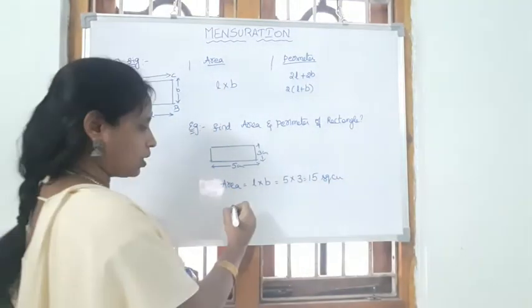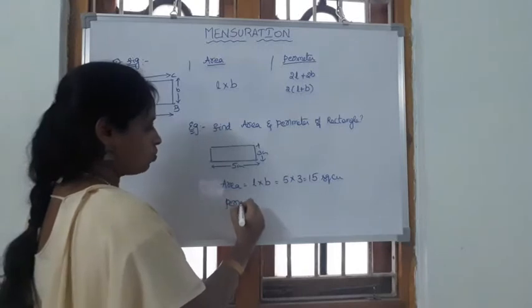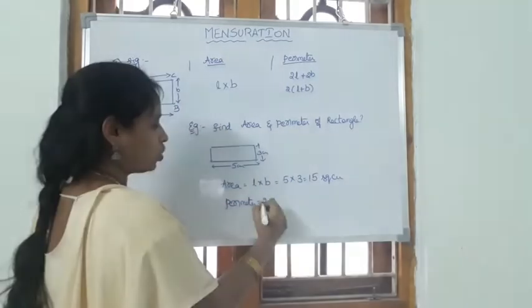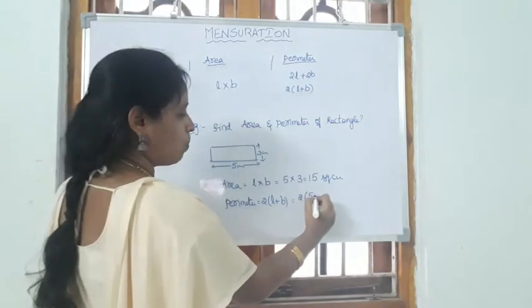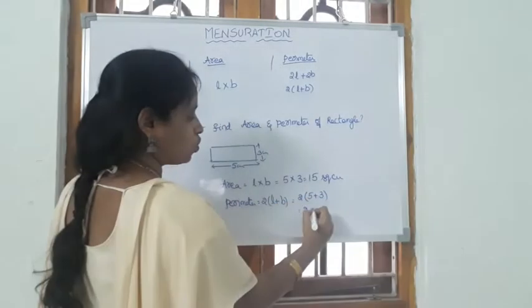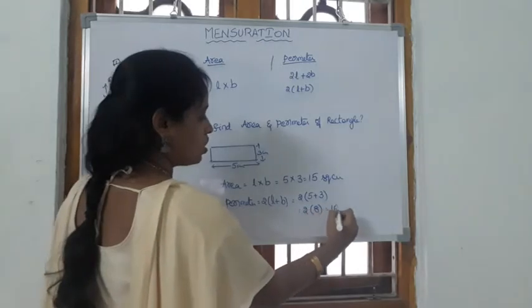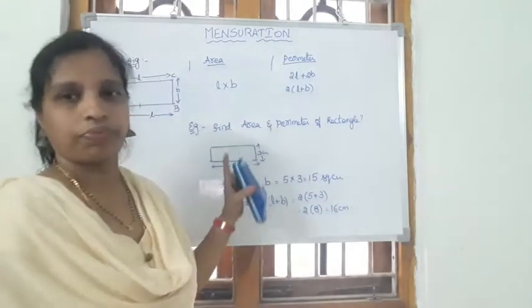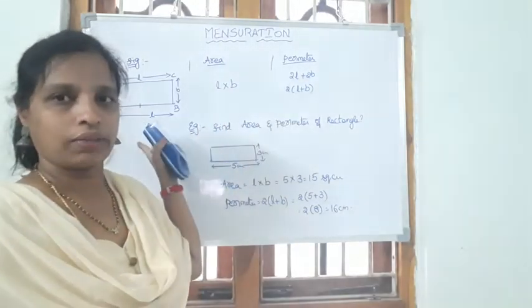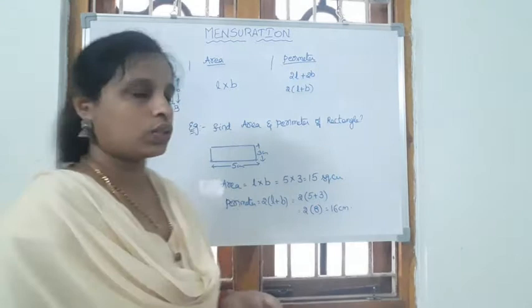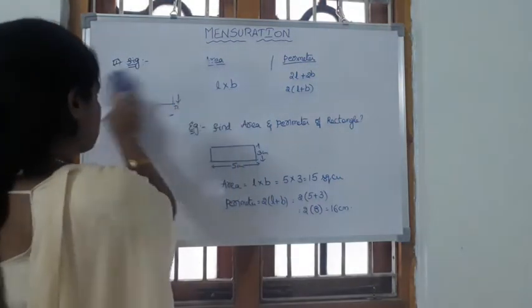Now perimeter. Perimeter is equal to 2 times L plus B, 2 of 5 plus 3, that is equal to 2 of 8 is equal to 16 centimeters. These two are the formulas for area and perimeter of a rectangle. Now let us go into the next geometrical figure, that is triangle.